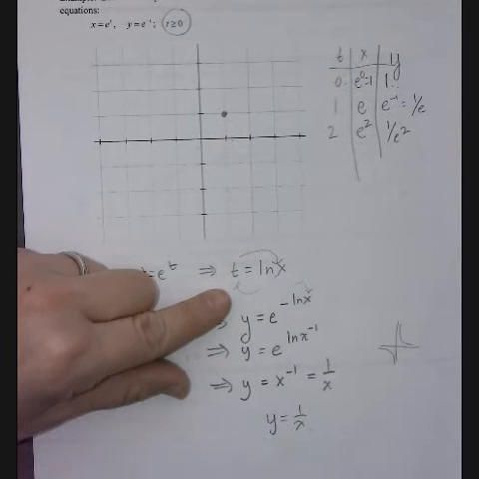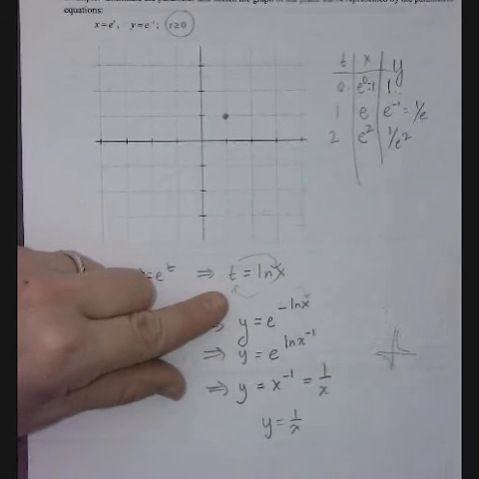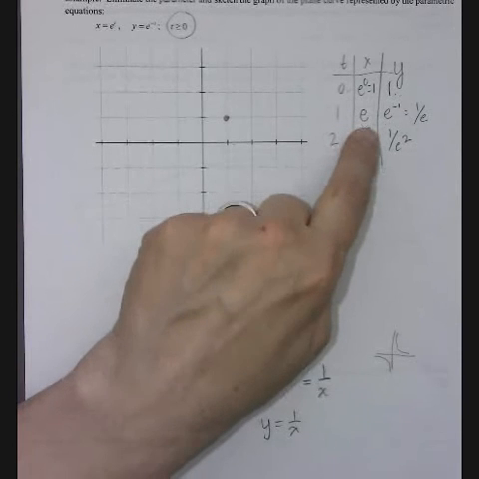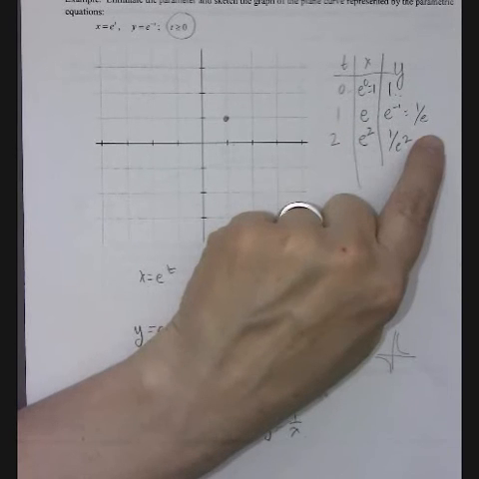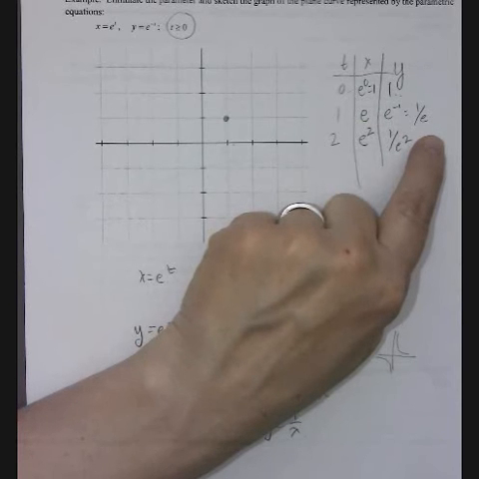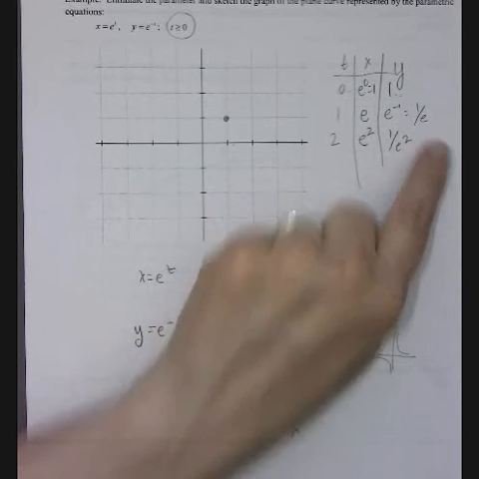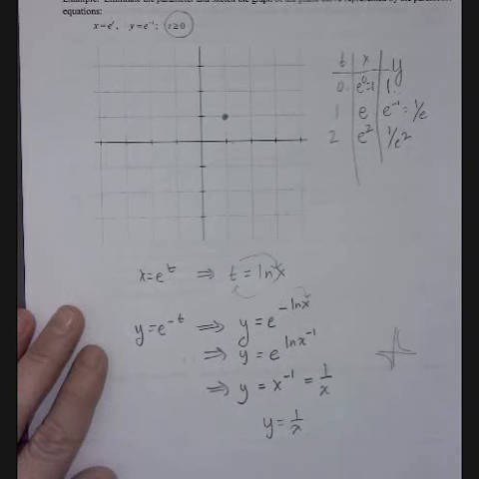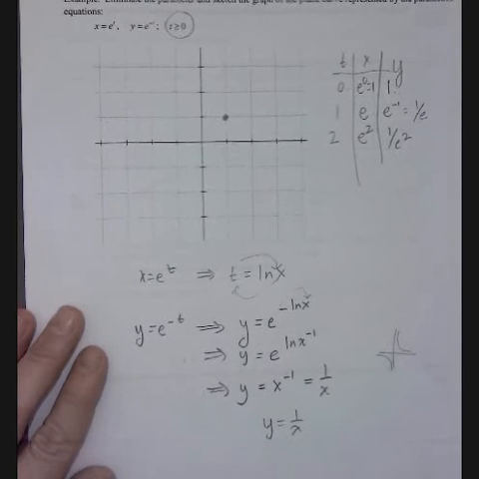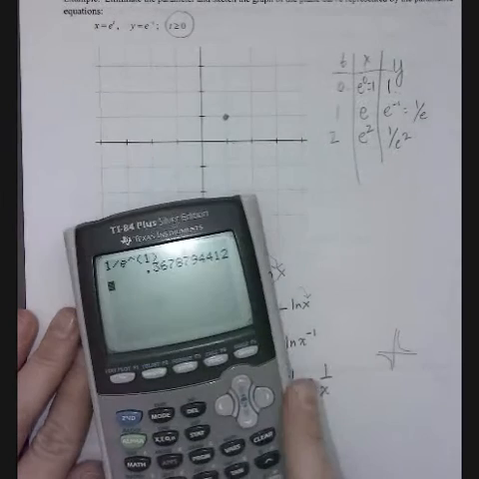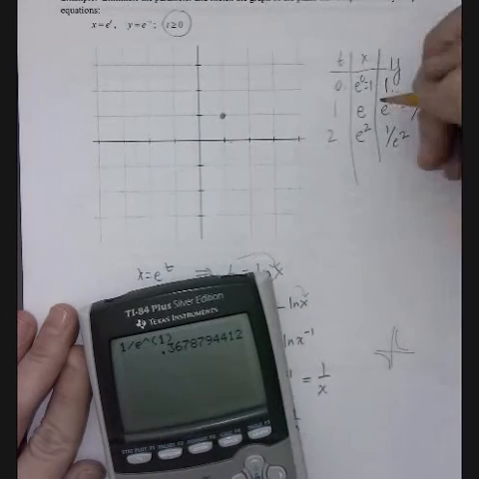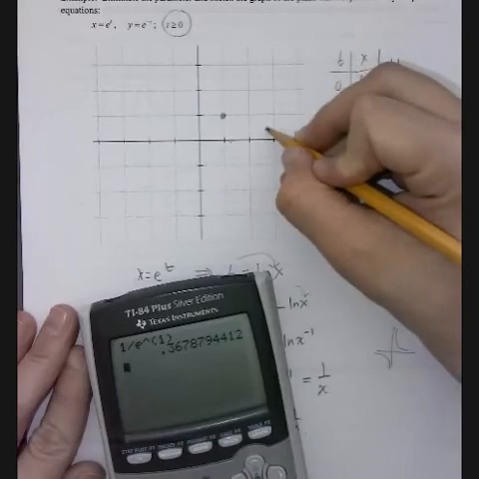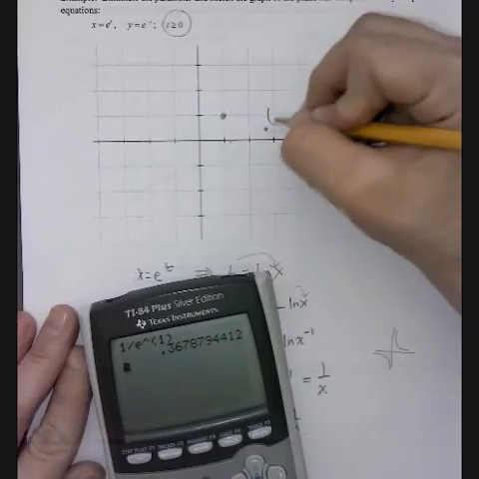Then we'd have e and 1 over e on the graph. So e is about 2.7, of course, and 1 over e is about 0.4. So 2.7 and then 0.4 is about here. So this is e, 1 over e.